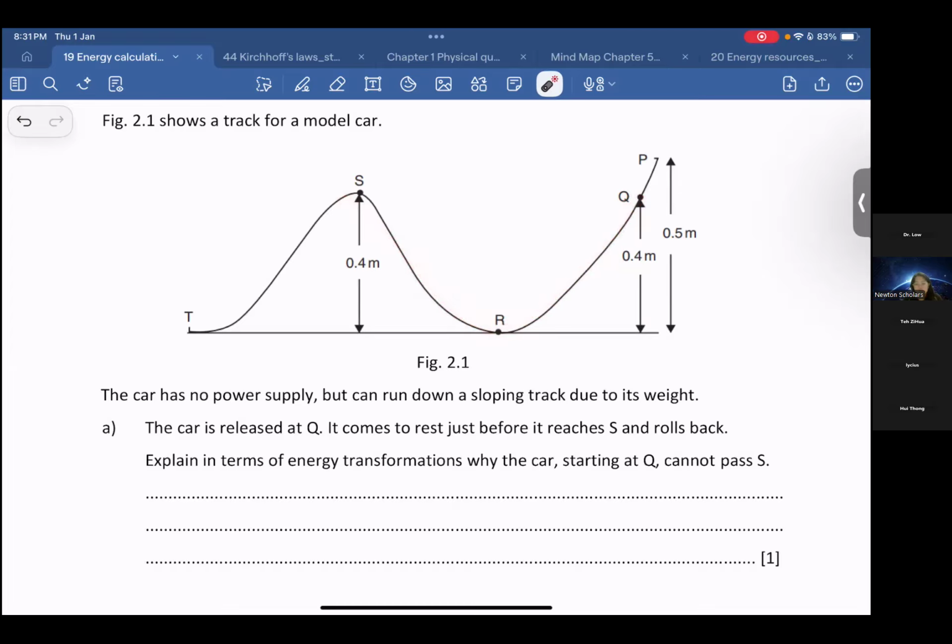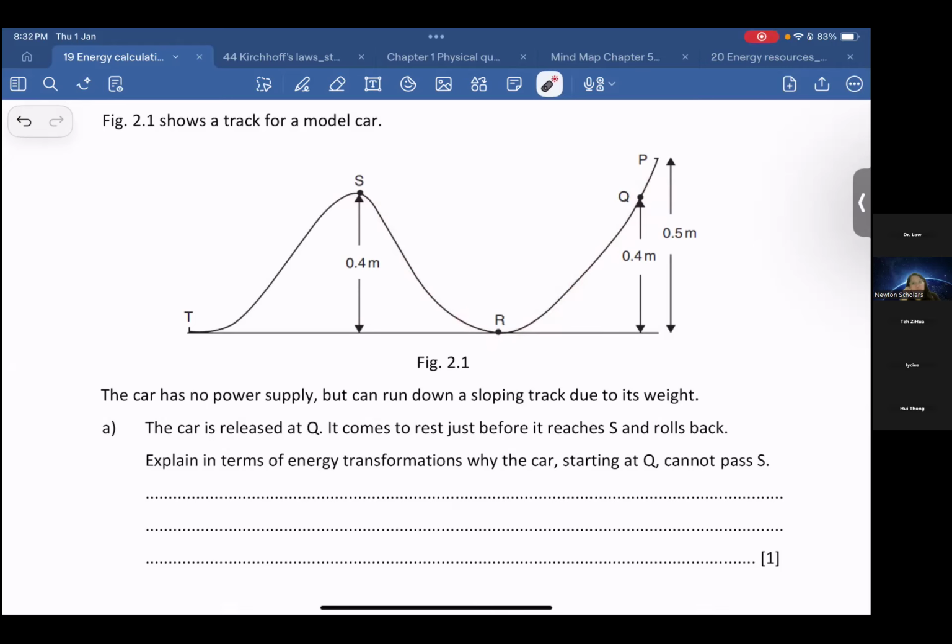You see, Q here and S here are at the same height. Then why not? The GPE that I gain should totally let me achieve this position. Why cannot? What is wrong in terms of energy?